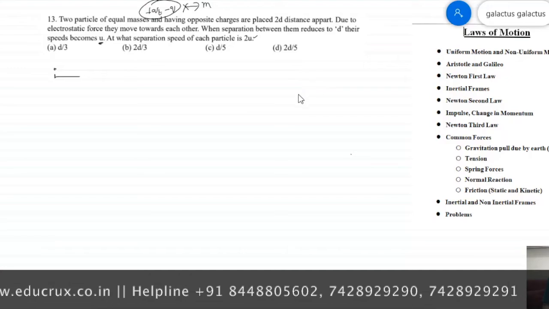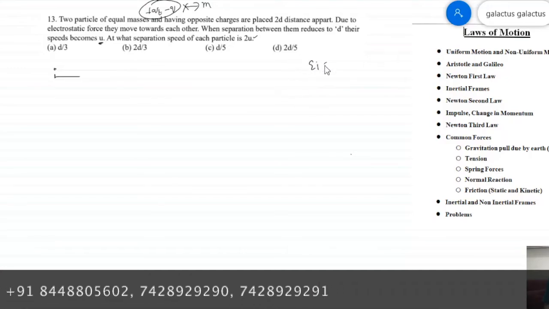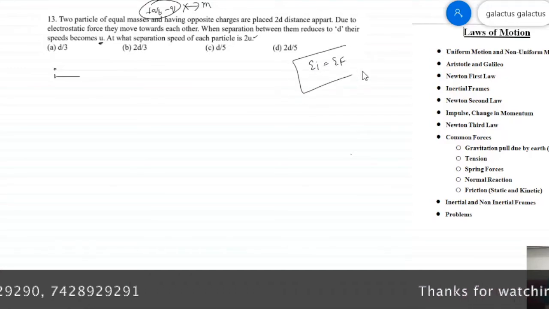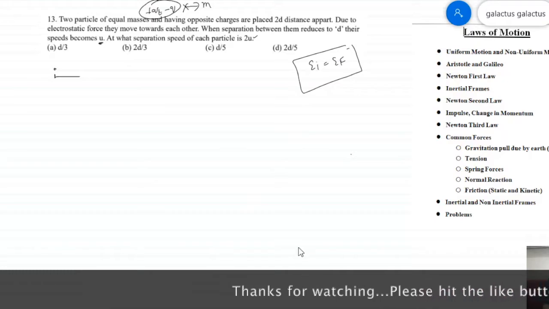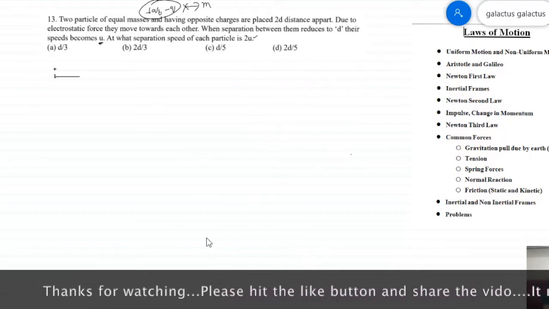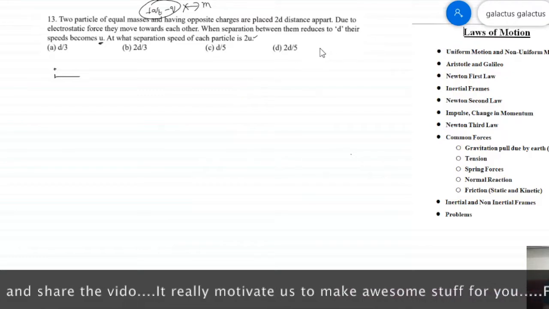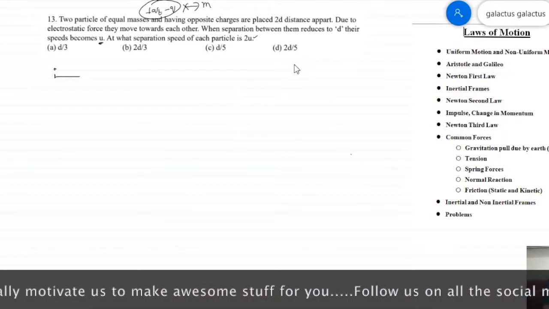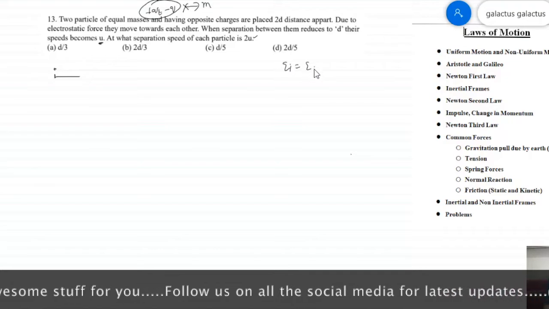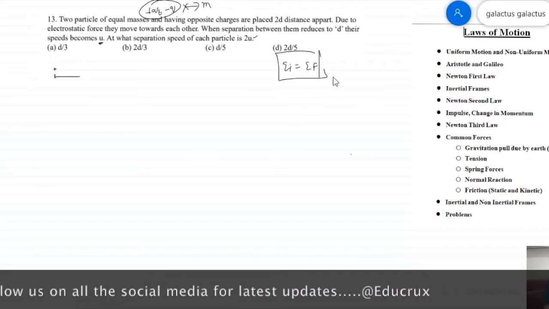So in case of conservative force, if the work done is path independent, then initial energy is equal to the final energy, because there is no external force that can cause non-conservation of energy. So I will use the conservation of energy theorem to solve this problem.